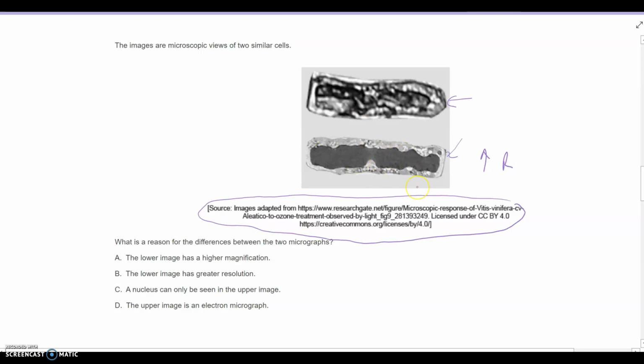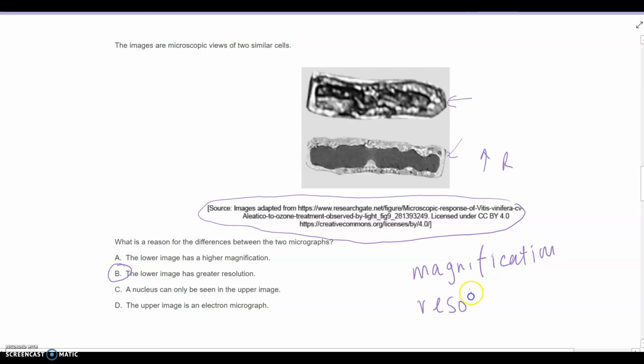The magnification is largely the same. So we're looking for something about resolution, and you can see that B, the lower image has the greater resolution, is the answer. That might be some type of question that you would be asked about magnification in the multiple choice, looking around the definitions of magnification and resolution.